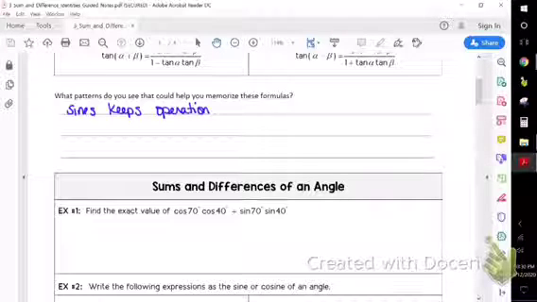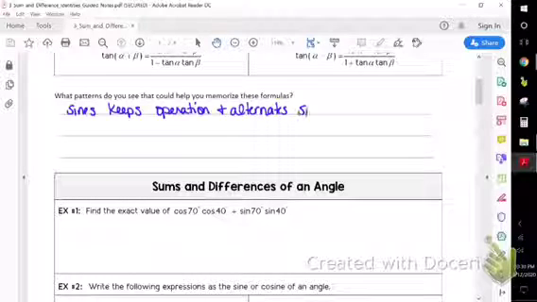If it was alpha minus beta, then we subtracted in the formula. And it alternated sine and cosine, because it was sine of alpha, cosine of beta, either plus or minus cosine of alpha, sine of beta.